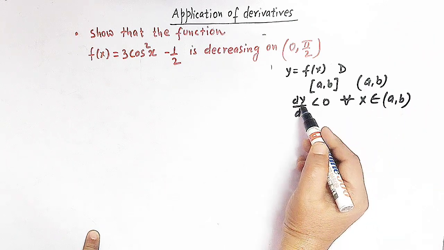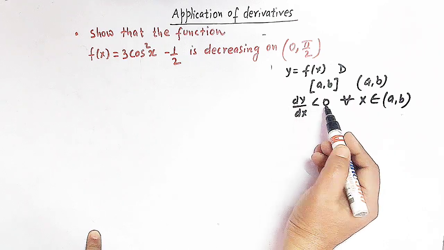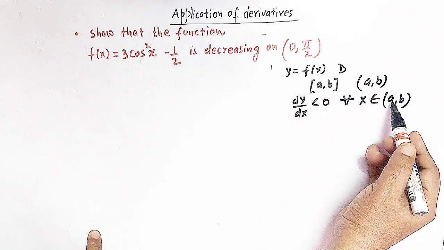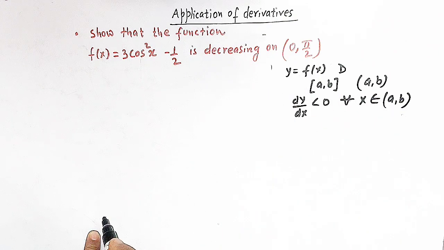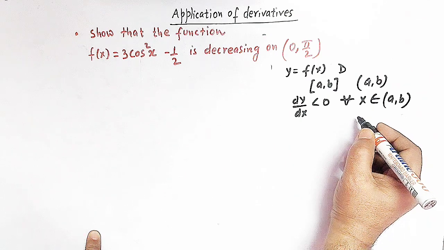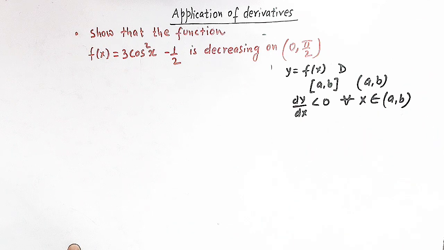So if the derivative is negative, that is less than 0, for all x belonging to this interval, then the function is a decreasing function for all x belonging to a comma b.